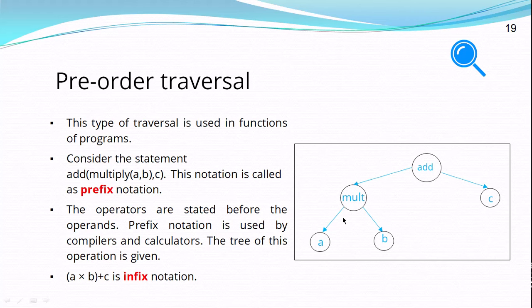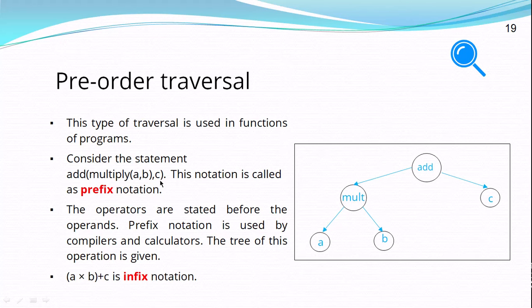For example, if you consider this statement, which, let me read it out to you, is add the result of, first of all, multiplying A with B and C. This is called prefix notation.